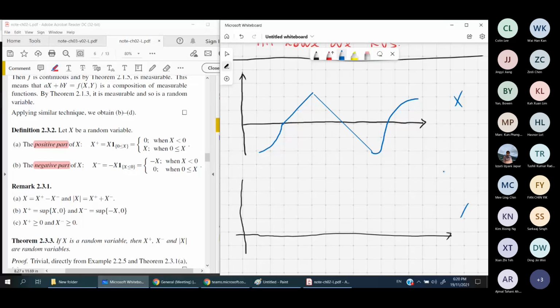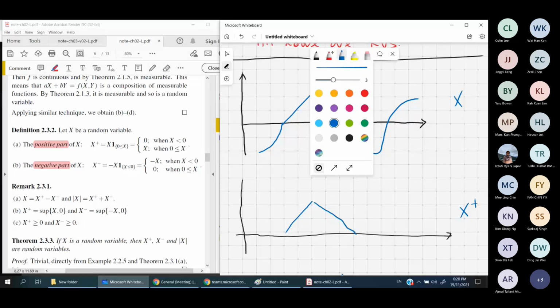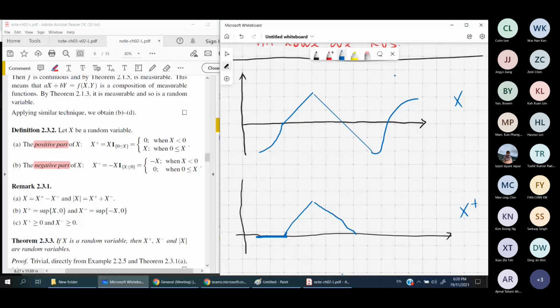So this is x plus. This is exactly the same whenever it is above the x-axis. So we get things like that. Then go down here. For this part, we fill it up with 0. Similarly, this is below the x-axis, so we put it as 0.